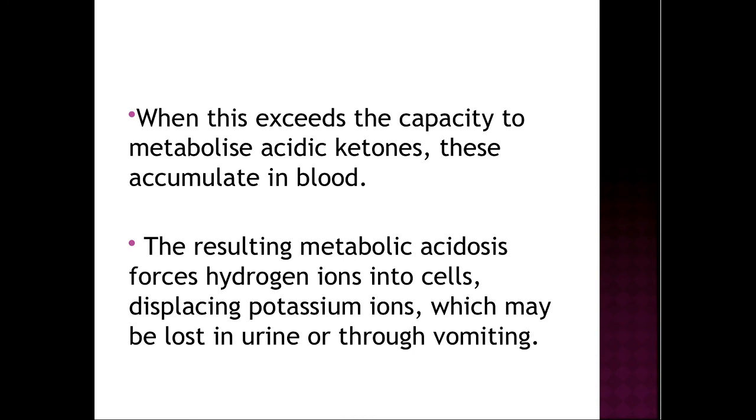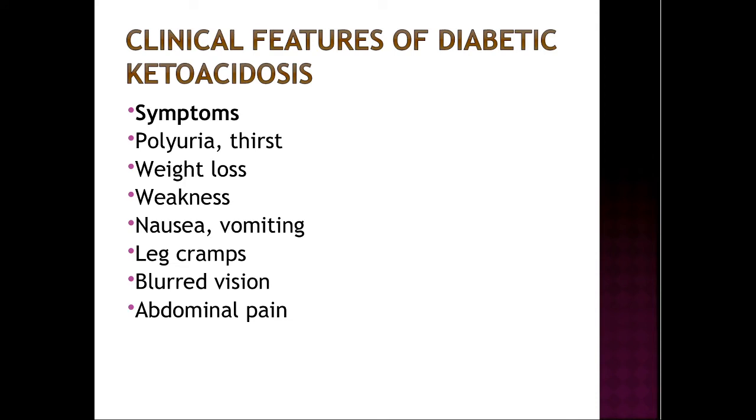When this exceeds the capacity to metabolize ketones, they accumulate in the blood. The resulting metabolic acidosis forces hydrogen ions into the cells, displacing potassium ions, which may be lost in urine or through vomiting, which is a frequent symptom in ketoacidosis.